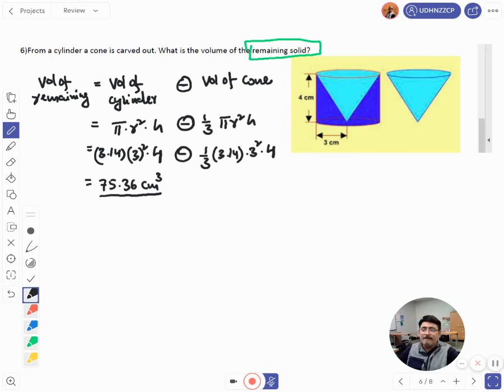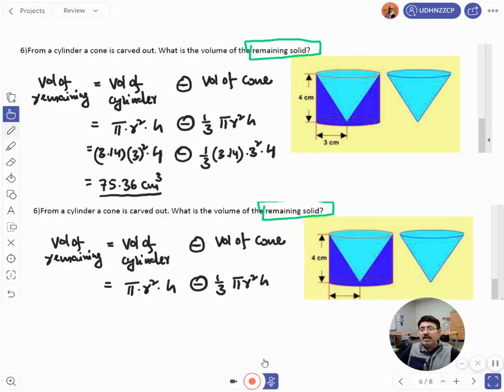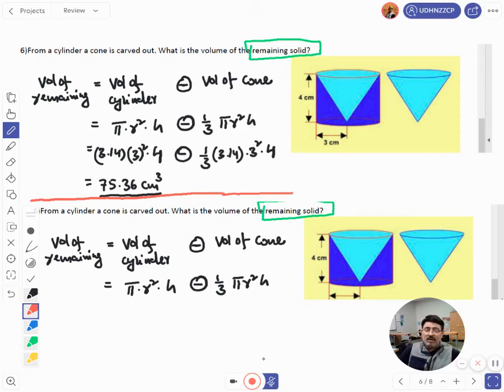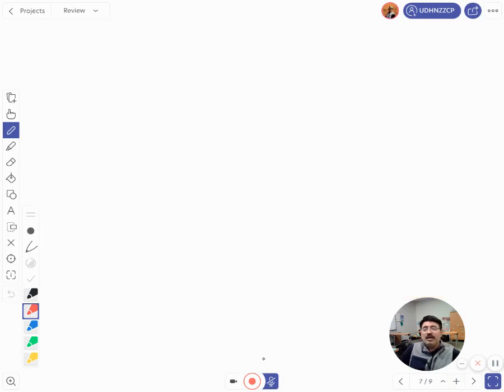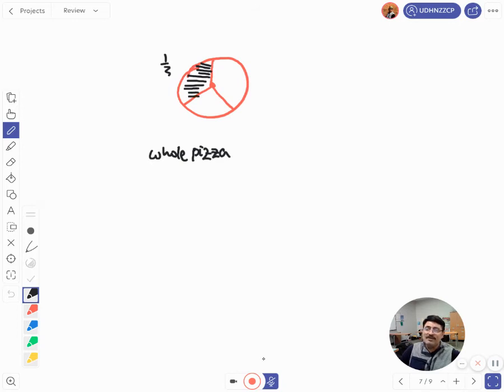The same question. Actually, I copied this one again. Let me give an example. Suppose there is a pizza and this is cut into three pieces. From the whole pizza, if I take one piece, you know that this is nothing but one third, right?